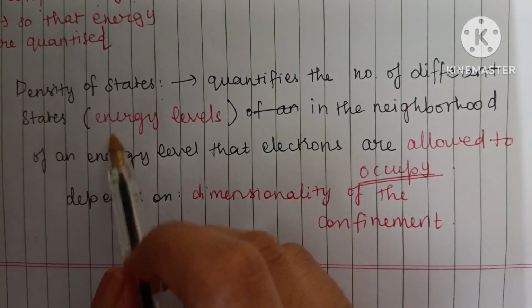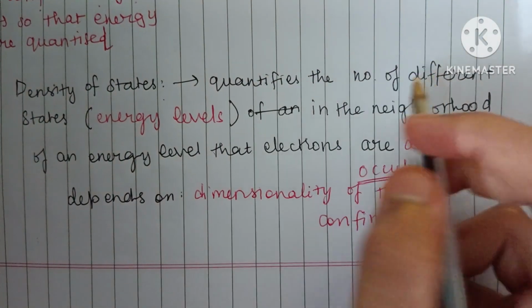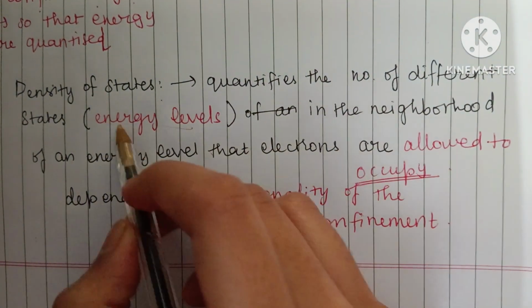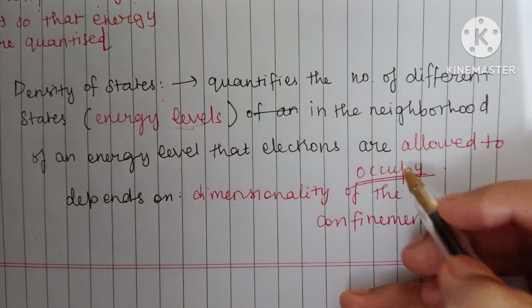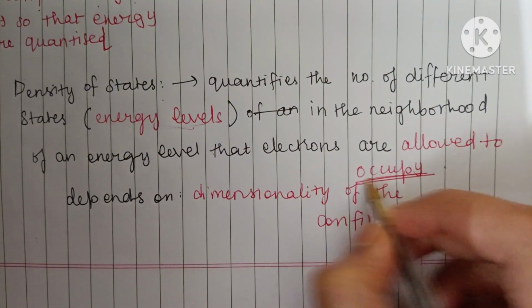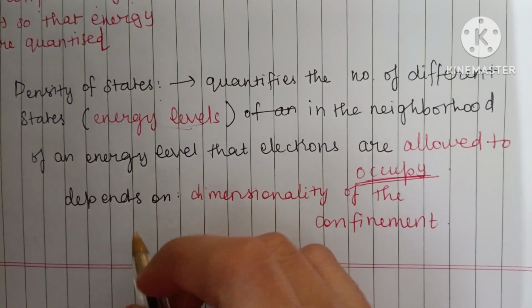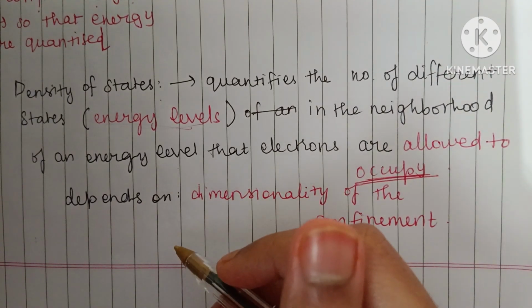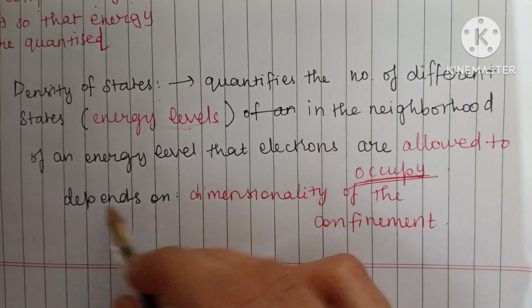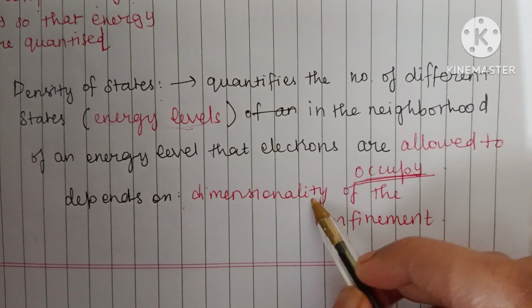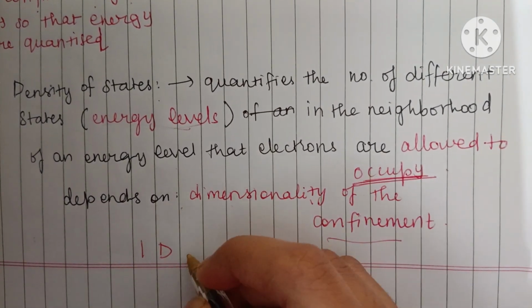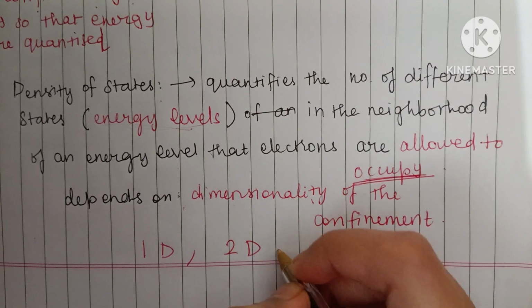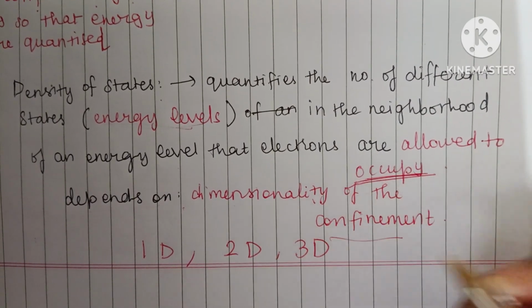The density of states quantifies the number of different states or energy levels in the neighborhood of an energy level that the electrons are allowed to occupy. It is a measure of how closely the levels are to each other. The density of states depends on the dimensionality of the confinement. So it can be of 1D confinement, 2D confinement, and 3D confinement.